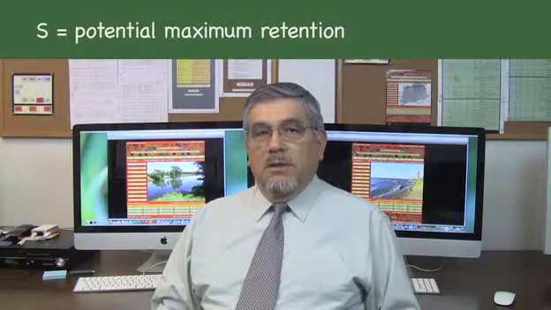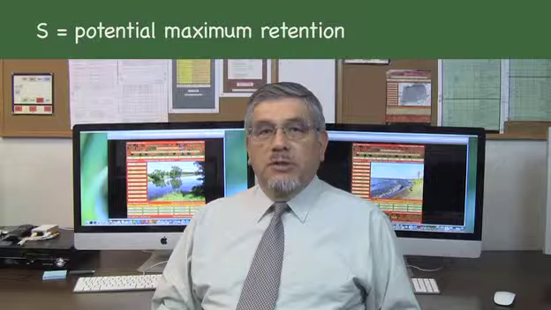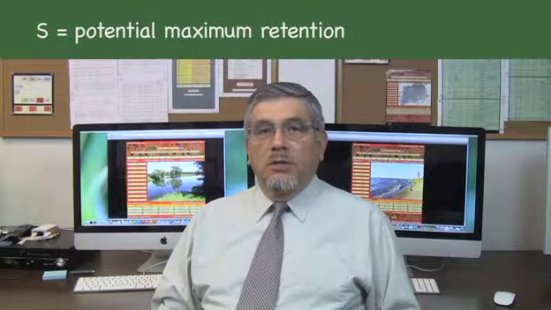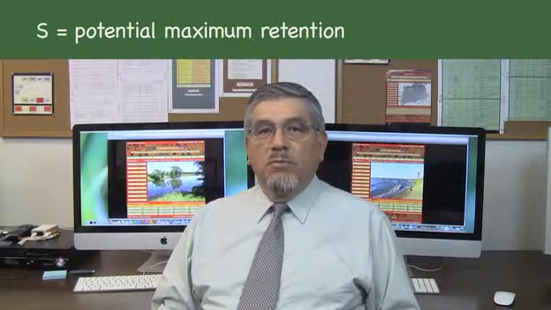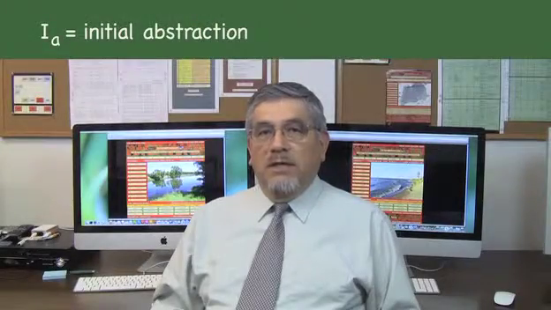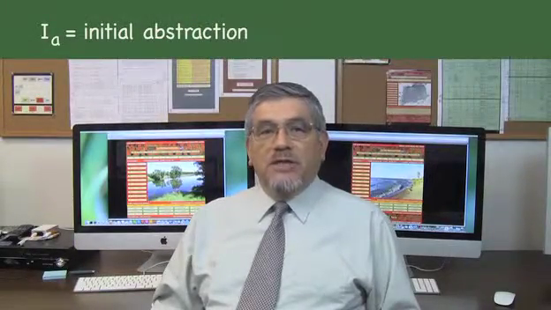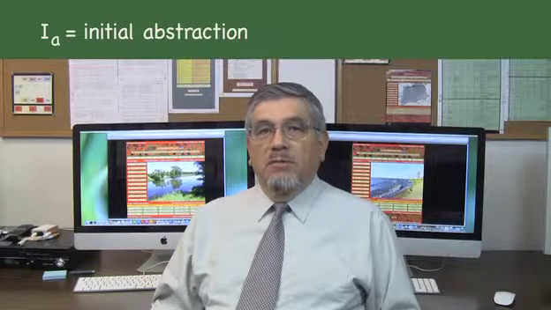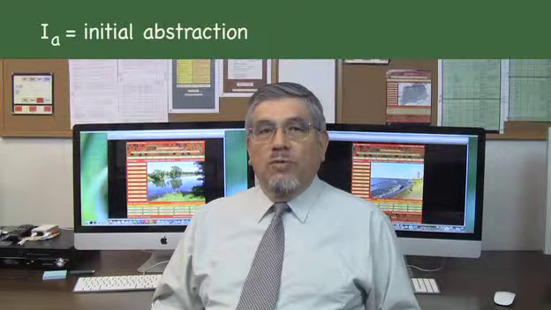The runoff curve number equation is essentially a nonlinear fit to the rainfall runoff data. The use of a parameter, potential maximum retention, underscores the conceptual basis of the method. The method defines an initial abstraction I sub A as the amount of rainfall below which runoff is zero.